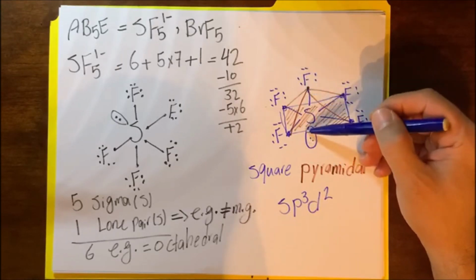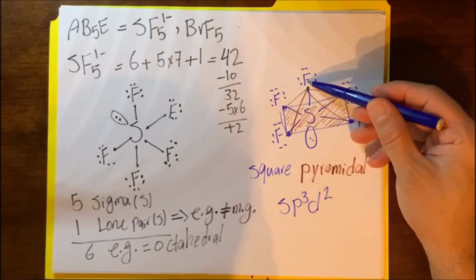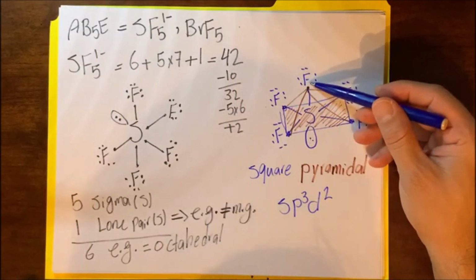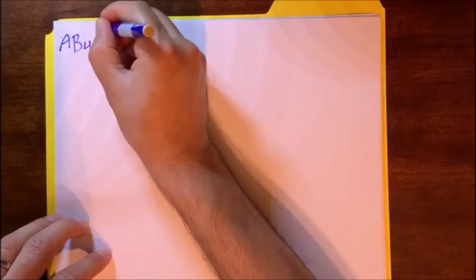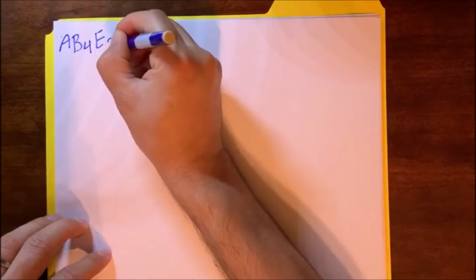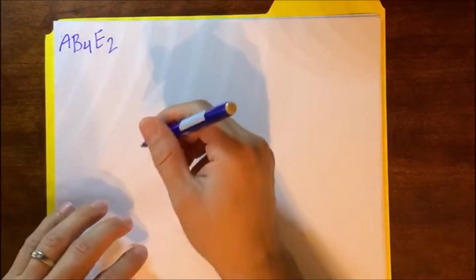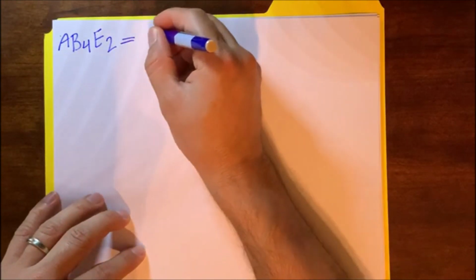So I will put the second lone pair in this axial position, to be way far from the first one. And here, the example is AB4E2.